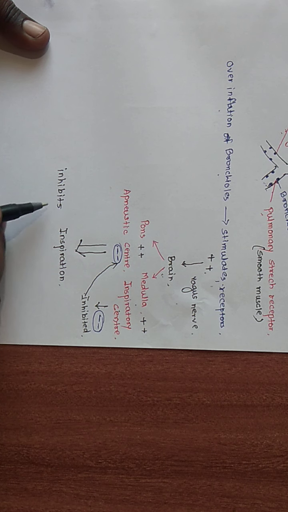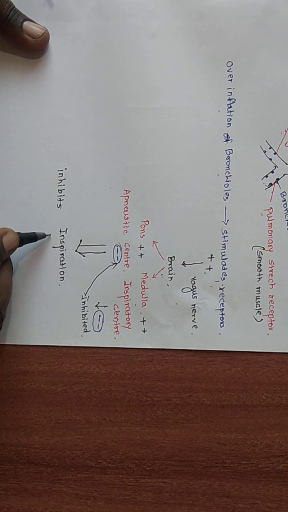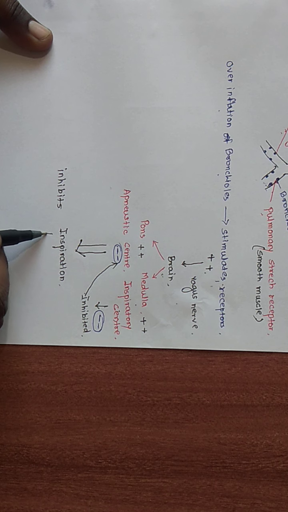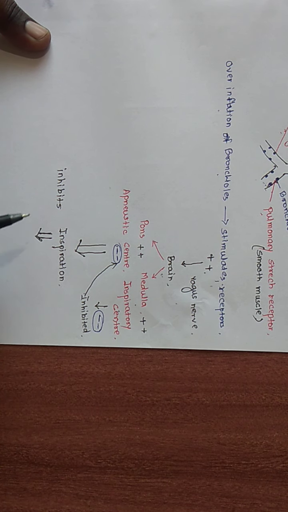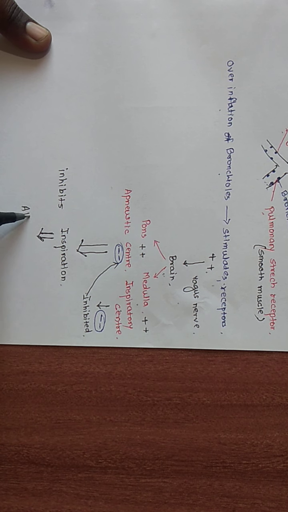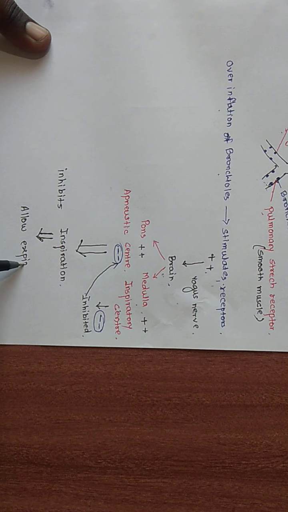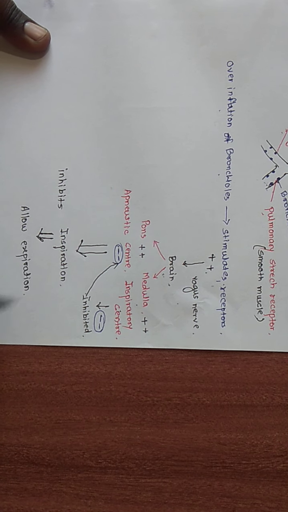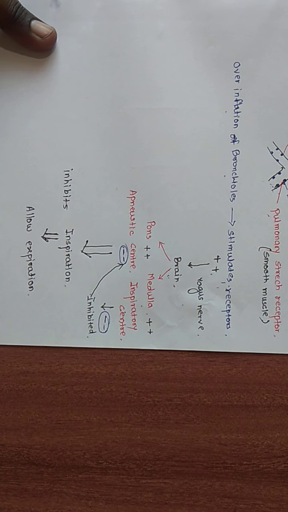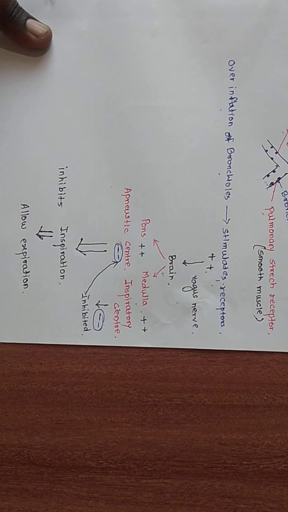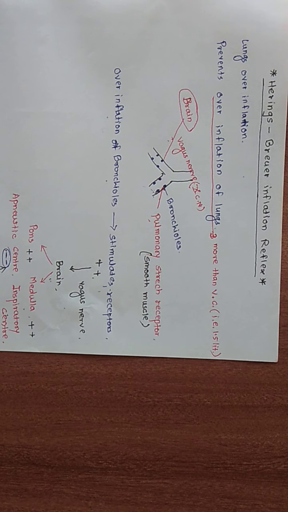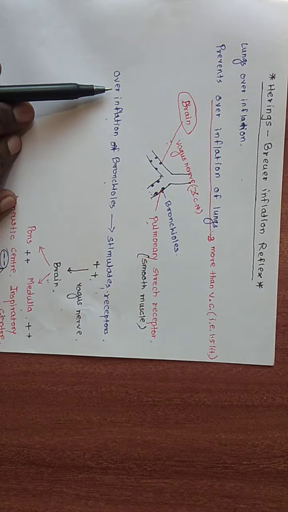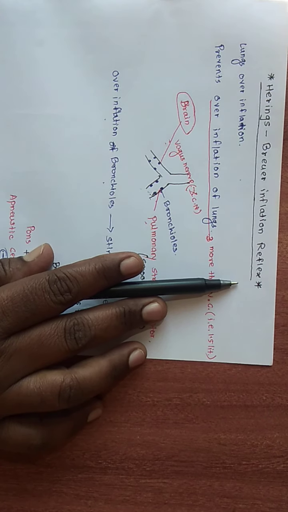When inspiration is inhibited, that means what happened? It allows expiration. That's it. This is related to the Hering-Breuer reflex. Take a glance or overview of the Hering-Breuer reflex. So it's the inflation reflex.